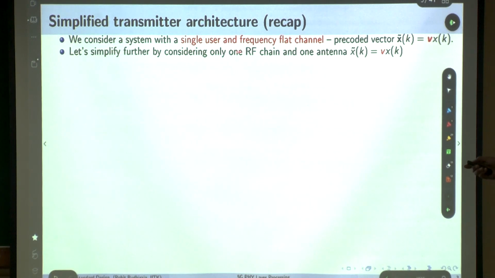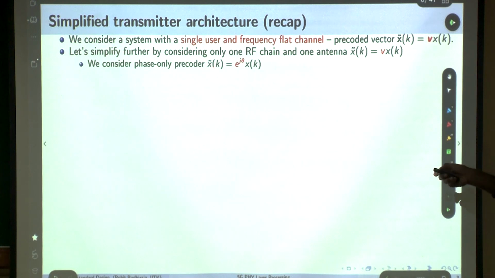And for the time being, we said there is only one RF chain and one single antenna. What happens to this V? It becomes a scalar, because now there is only one RF chain and one antenna. So you take some x of k multiplied with some constant V, which is constant across the subcarriers.